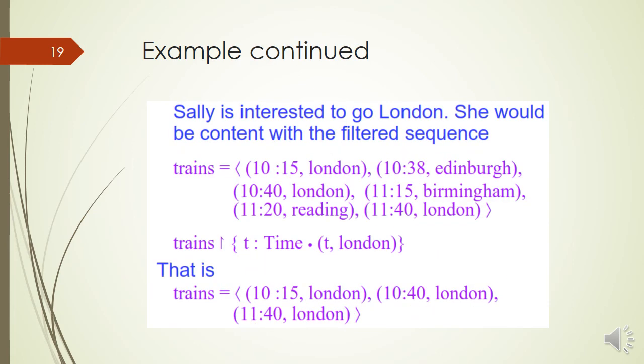Now if we want to get the subsequence containing trains going to London, we can apply the filter operator on the sequence trains. Then the filter operator would return us a subsequence containing trains going to London.